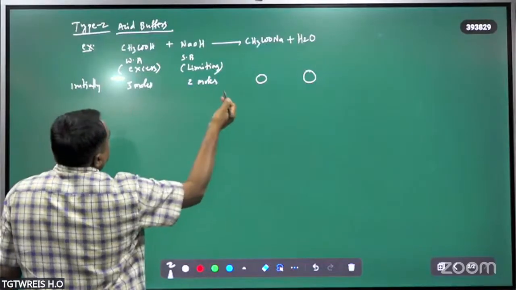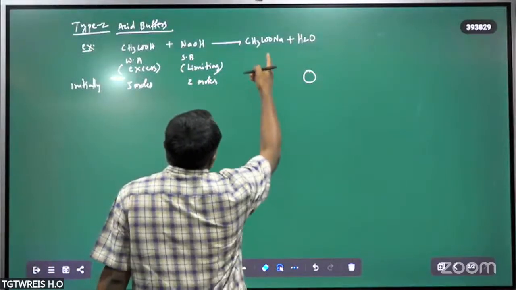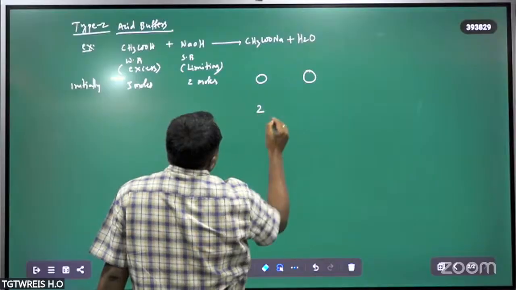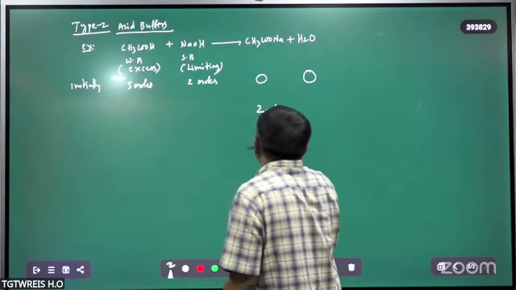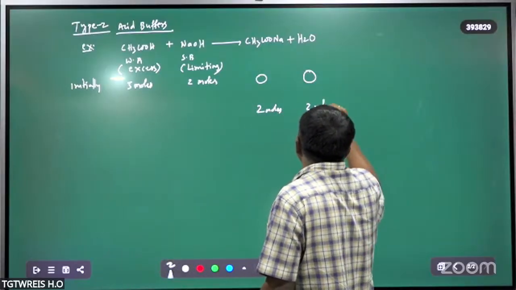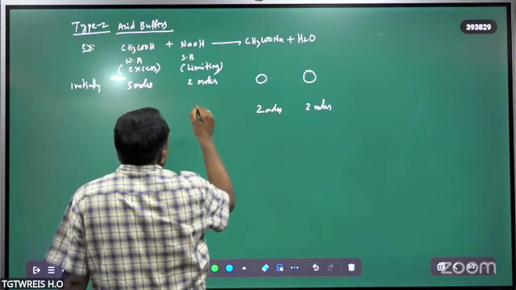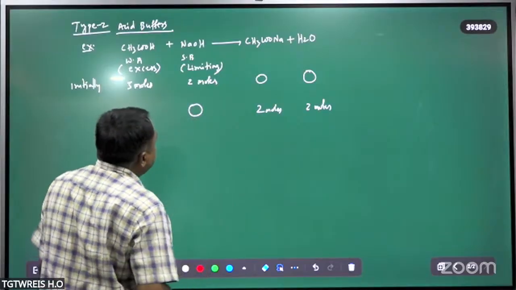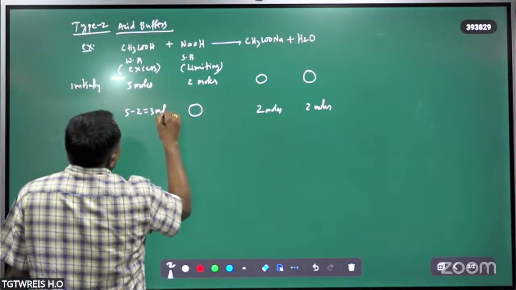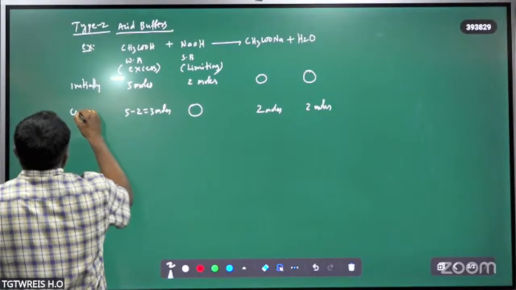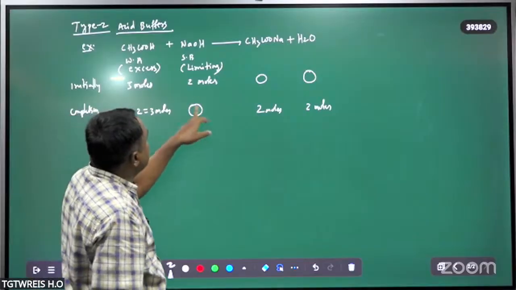After the reaction, the 2 moles of NaOH decide the CH3COONa formation, so you get 2 moles of CH3COONa and 2 moles of water. The NaOH will be 0, but CH3COOH is 5 minus 2, equal to 3 moles at the completion of the reaction.